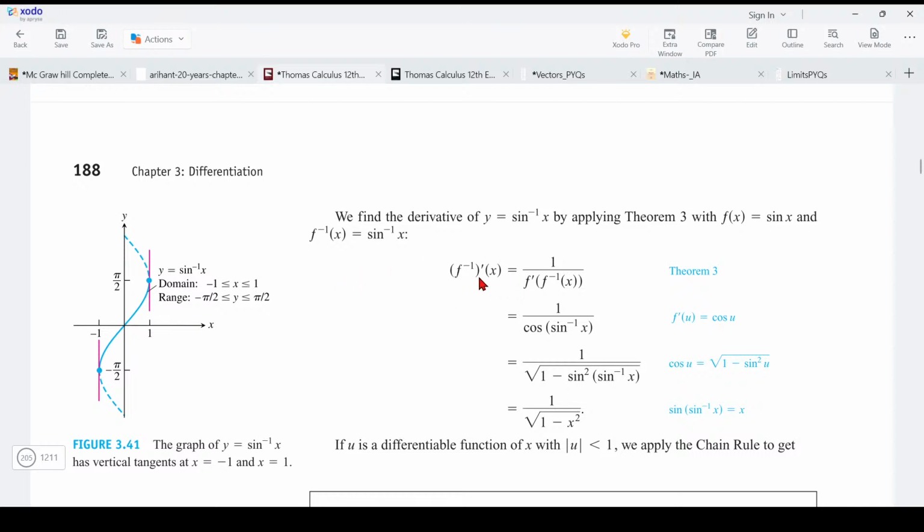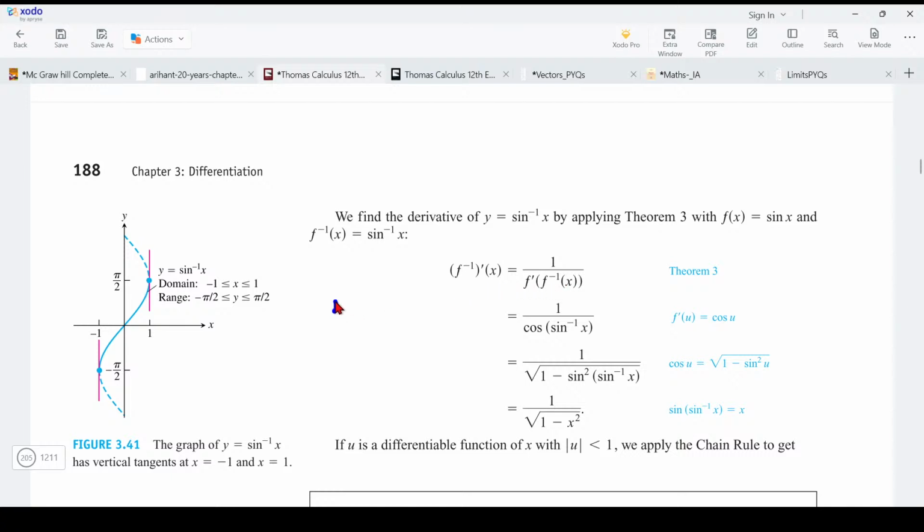So here, what is F inverse? Sin inverse x, the derivative of sin inverse at x. What we have to find is 1 by f dash, the slope of sin x at f inverse x. Agreed?